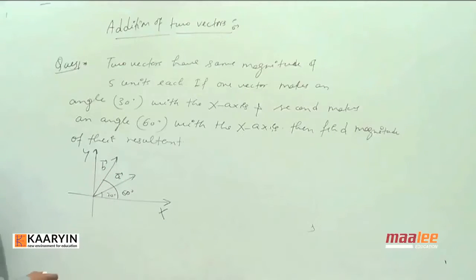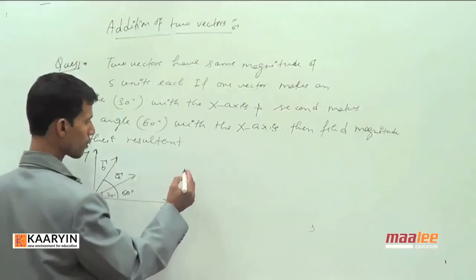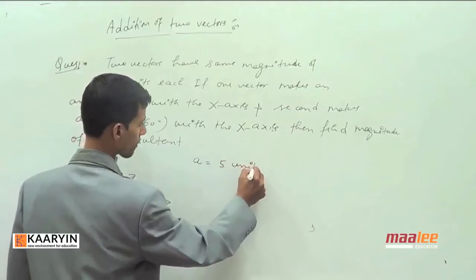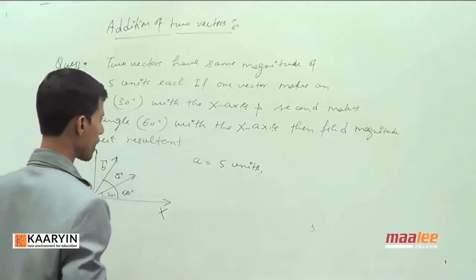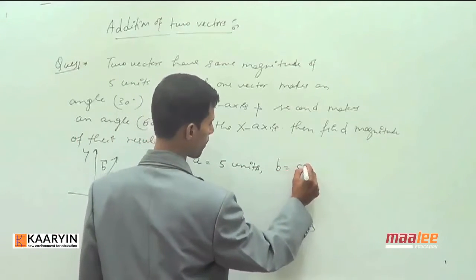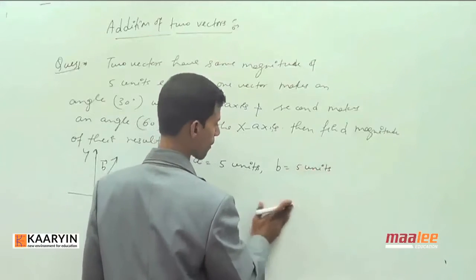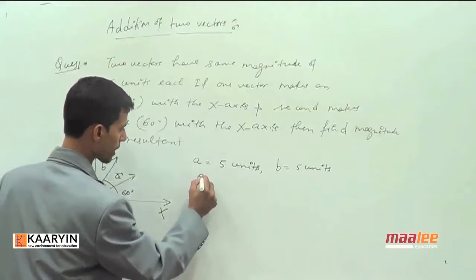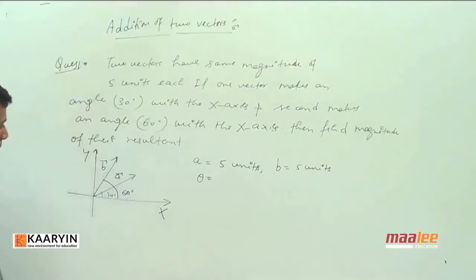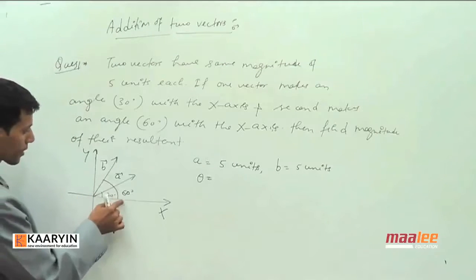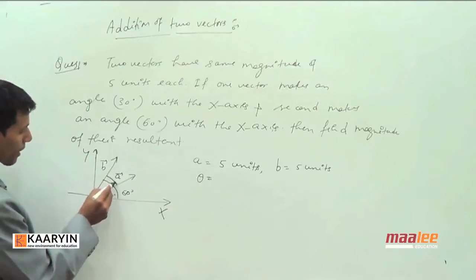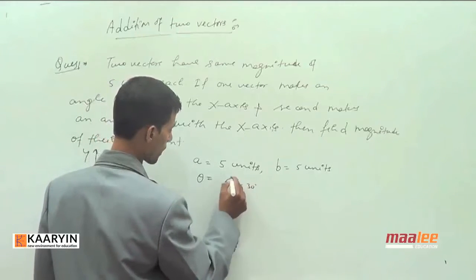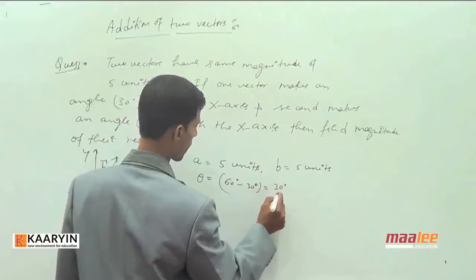The magnitude of the first one is shown by simple A, which is 5 units. The magnitude of B is also 5 units. Then theta is how much? Theta is the angle between the two vectors, because the angle here is 30 and here is 60. So theta becomes 60 degrees minus 30 degrees, equal to 30 degrees, the angle between A and B.